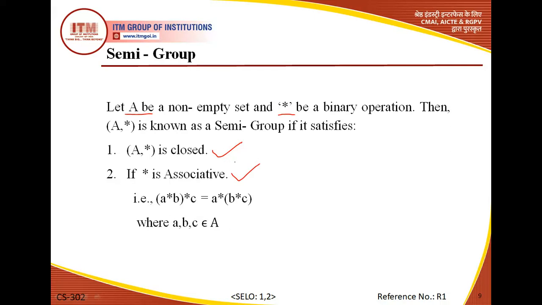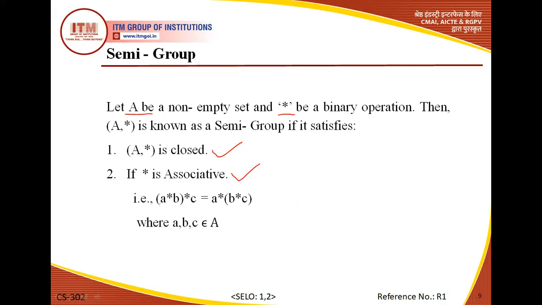Now, what do we mean by associativity? Let's see it over here. For associativity, the elements under consideration are three. So we have to take three elements. Let's take A, B, and C as three elements.